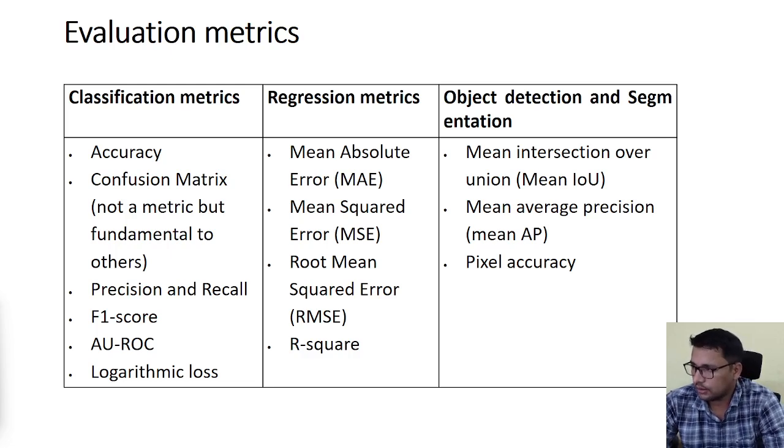Here, for object detection, we have different evaluations like average precision, mean average precision, intersection over union, and pixel accuracy for the segmentation problem especially. Let's discuss more about these evaluation metrics.